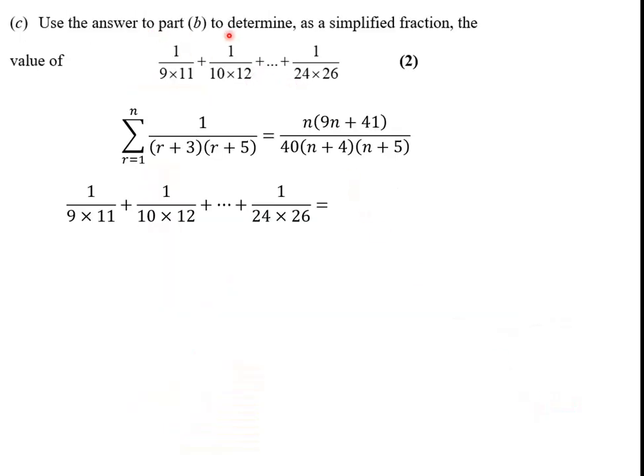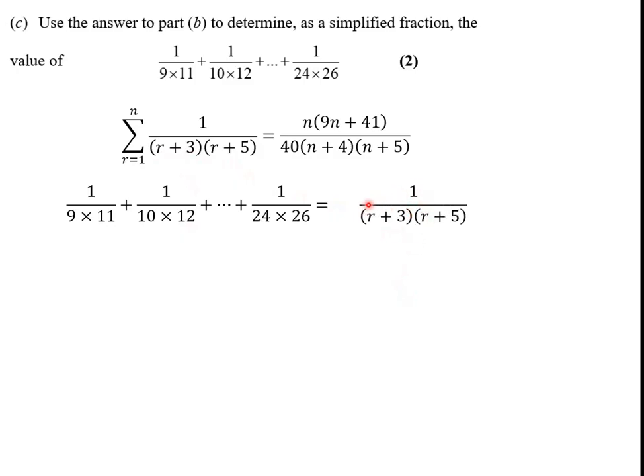Then it says use the answer to part B, which was this. Determine, as a simplified fraction, the value of 1 over 9 times 11 plus 1 over 10 times 12, up to 1 over 24 times 26. And the difference in these numbers, 9, 11, 10, 12, is 2, like the series I've just worked out.